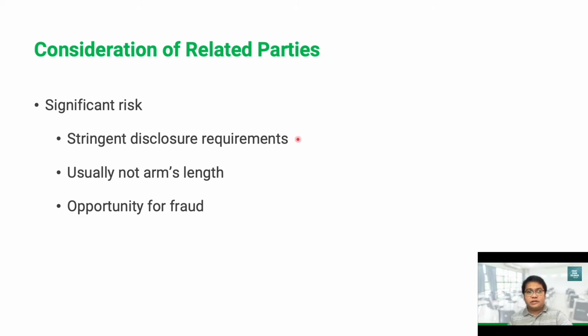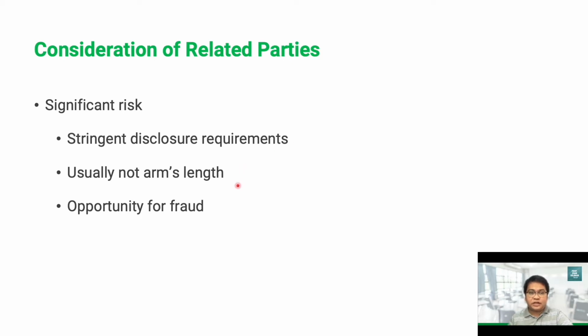There are stringent disclosure requirements from different government agencies affecting related party transactions, like for example, SEC and the BIR. Therefore, the risk of non-compliance on the part of our client is high, contributing also to significant risk.